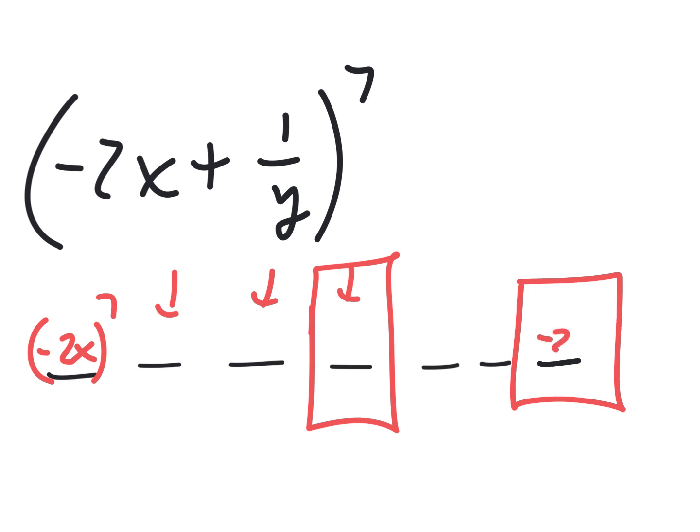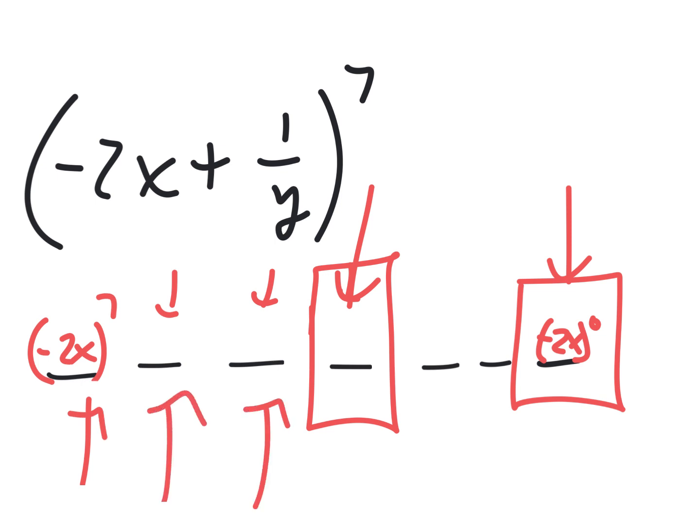Because it'd be negative 2x to the 0. If you're independent of x, that means you don't have an x in it. So the last term would be the one that was independent of x. Okay, as opposed to if I said, what's the term that has x to the 4th in it? Because that, again, was this one. Because this would be to the 7th, to the 6th, to the 5th. That's negative 2x to the 4th. It's just a fancy way of telling you to find that term.